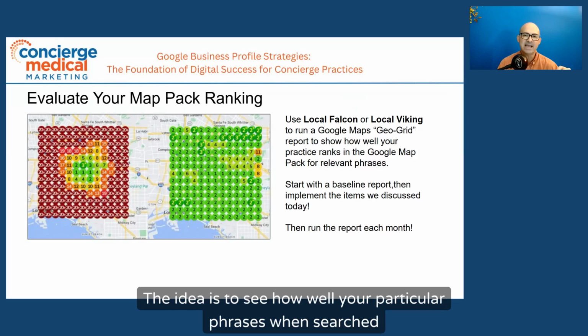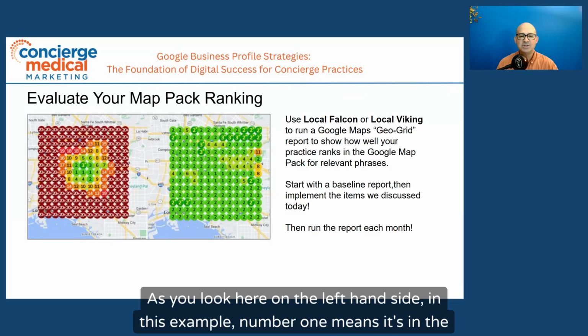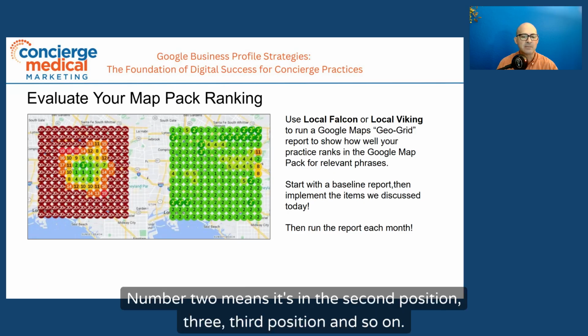The idea is to see how well your particular phrases, when searched, will result in your practice being listed in the top 3 of the Google Map Pack. As you look here on the left-hand side in this example, number 1 means it's in the first position. Number 2 means it's in the second position. 3, third position, and so on.